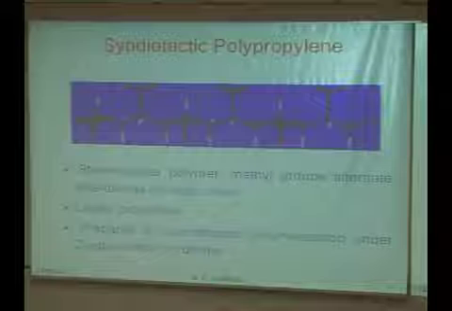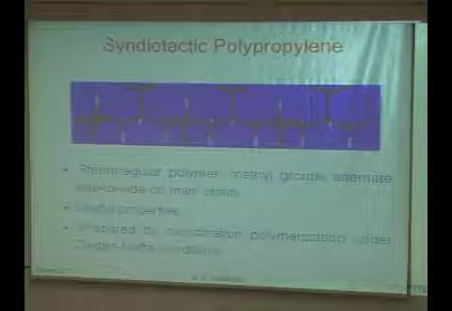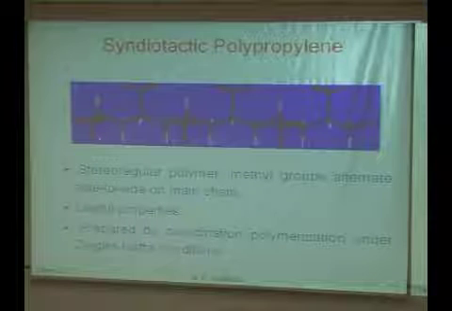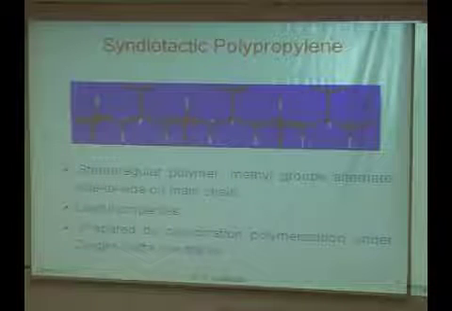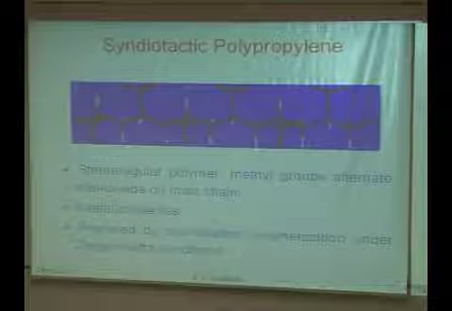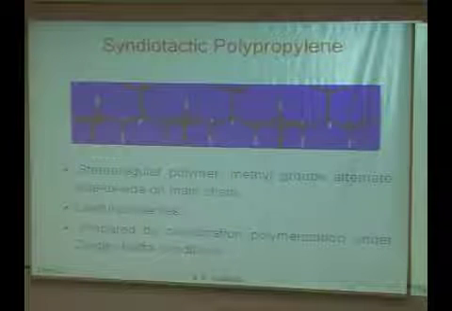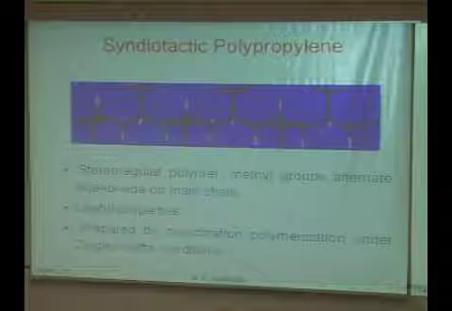The other stereoregular polymer is the syndiotactic polypropylene. In this stereoregularity, you have the methyl groups alternating, side up, side down, side up. That also has very useful properties, and it is prepared by the same method, the Ziegler-Natta conditions, which involves coordination polymerization.